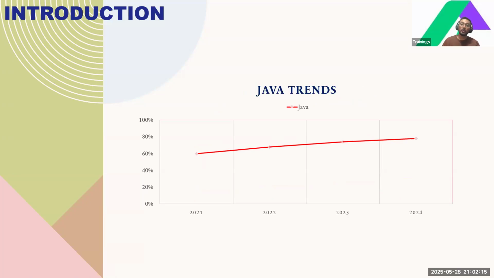Sometimes they have released two versions in a year, but I can see that minimum one version is released every year. That means they are giving some new features, yes or no?